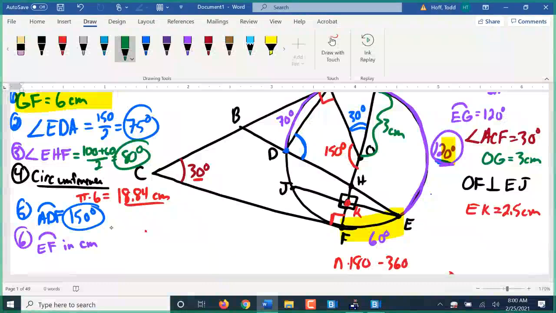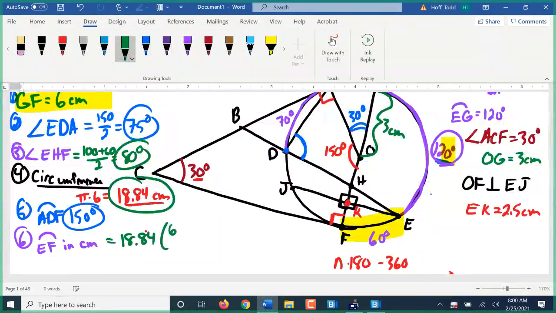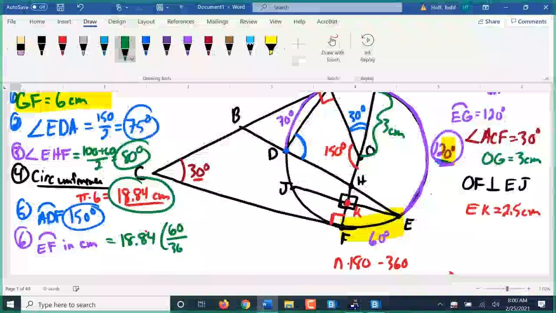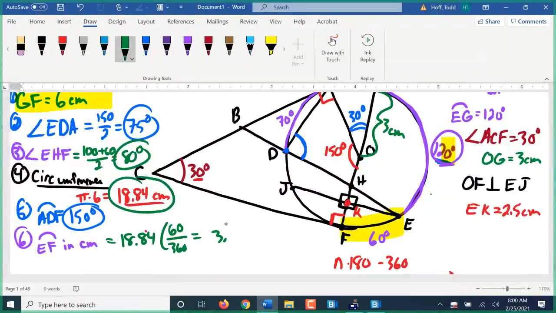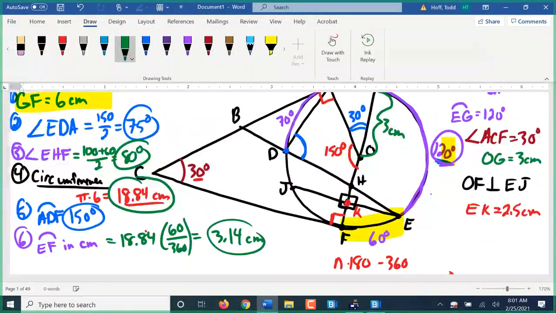So that's a 60-degree arc. So we're going to take our circumference from problem number 4, 18.84 times 60 out of 360, giving us a 3.14 centimeter arc.